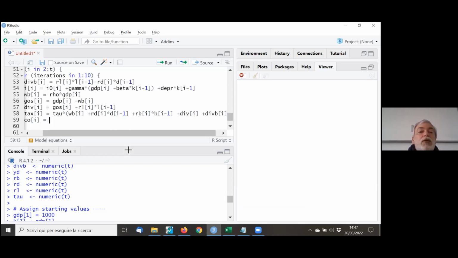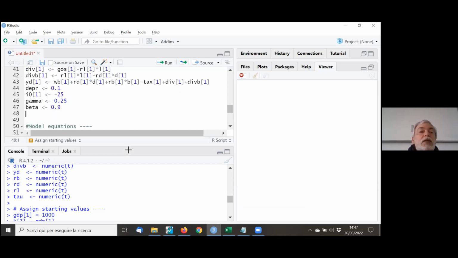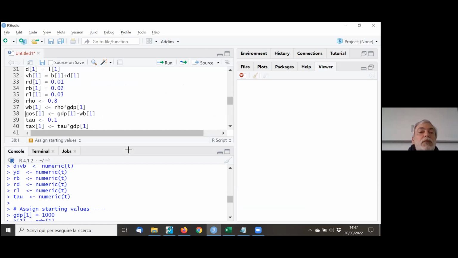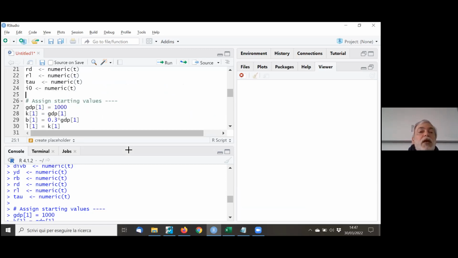And here we have to define C0. So again, let's have C0also as a vector.